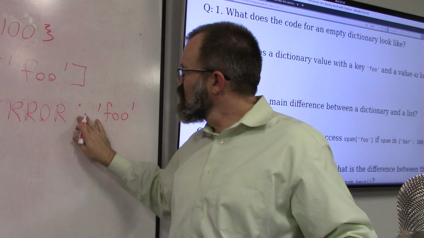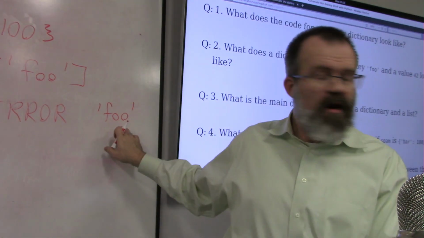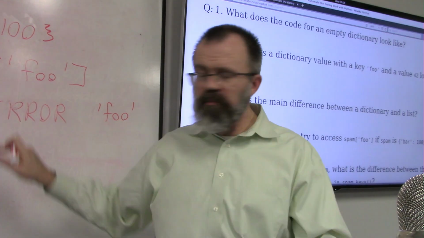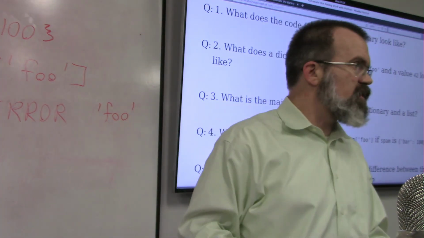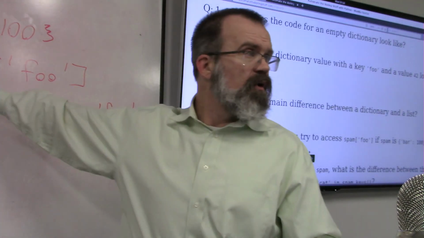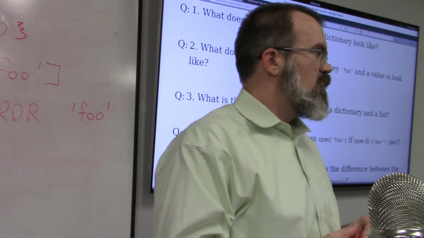So it is important to remember that it tells you the key that causes the error, and not the variable that was in there. Now, it'll mention the line number too, and using the line number, you can actually find the variable that was being accessed. But it will tell you which key caused the problem.